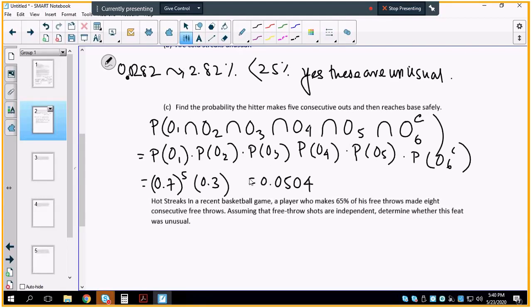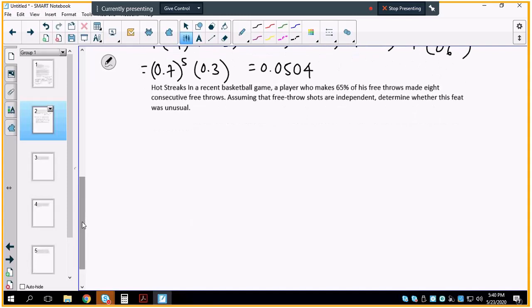The next problem is asking us about hot streaks. In a recent basketball game, a player who makes 65% of his free throws made 8 consecutive free throws. Assuming that free throw shots are independent, determine whether this feat was unusual. So I want to know, the probability of being able to make a free throw is 65%.